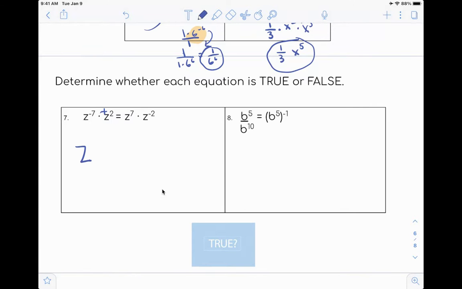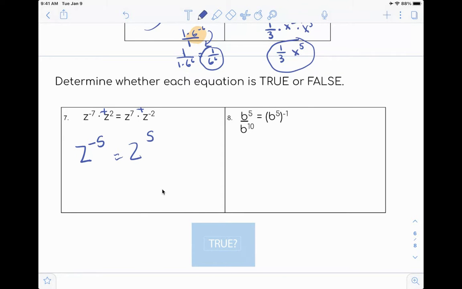So on the left side, I have z to the negative 5th power. On the right side of this equation, I have z to the 7th power times z to the negative 2 power. So again, when I'm multiplying and bases are the same, I can add the exponents. So z to the 7 plus negative 2 is z to the 5th power.